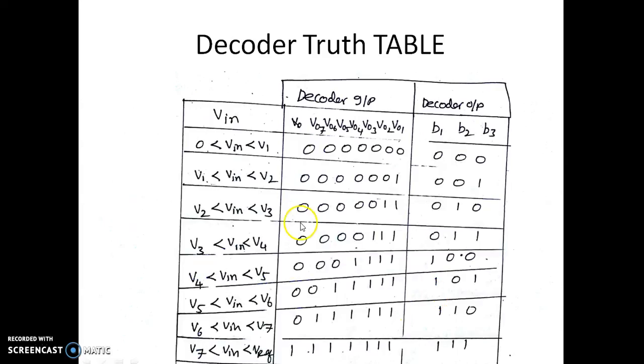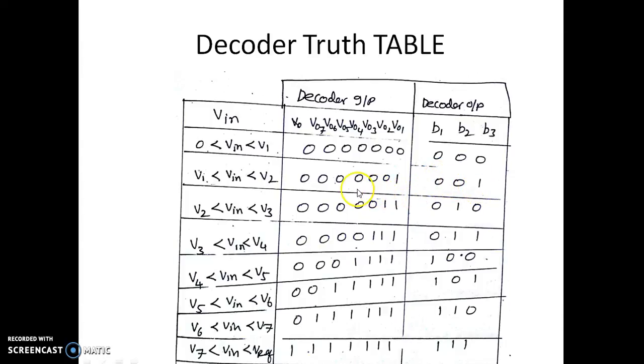Depending on the input voltage, suppose the input lies between 0 volt and V1 volt, all comparator outputs will be 0, 0, 0. Corresponding to this all-0 input, the decoder output should give 0, 0, 0. If the input voltage is between V1 and V2, only the first comparator output is high, which should give 0, 0, 1 as the output combination.